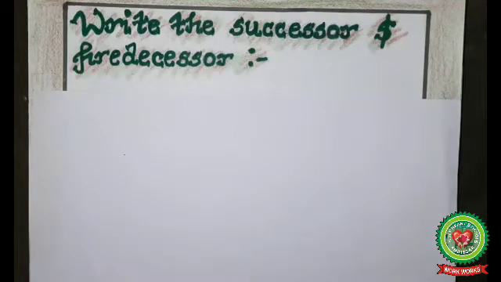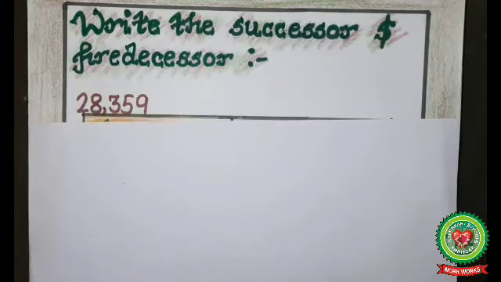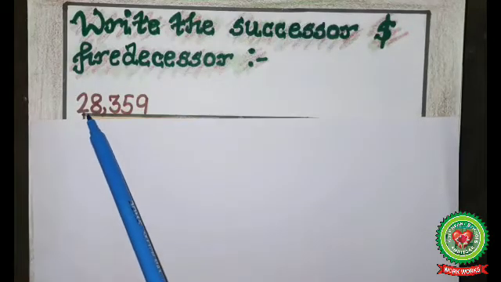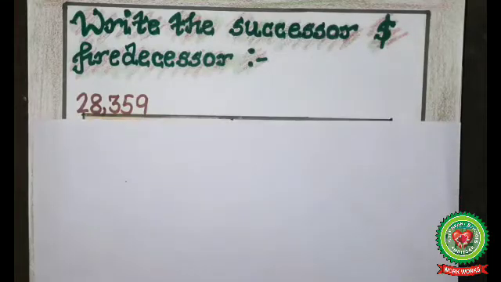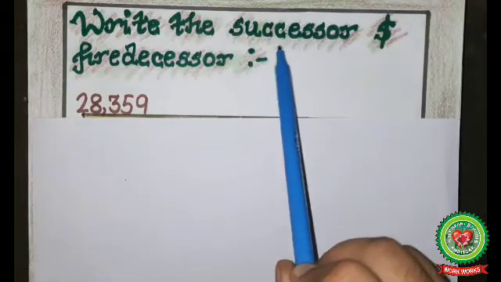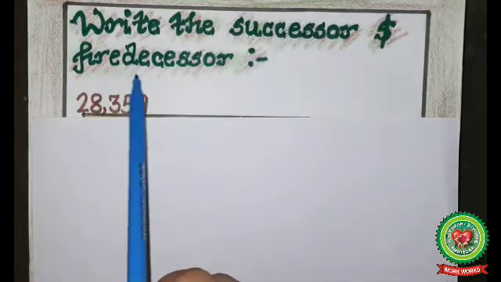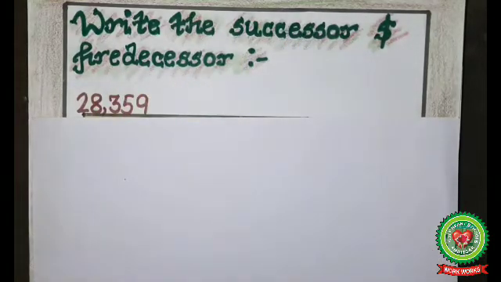Now, let's understand it with the help of examples. Example number 1. 28,359. Now students, I have to write down its successor as well as its predecessor.